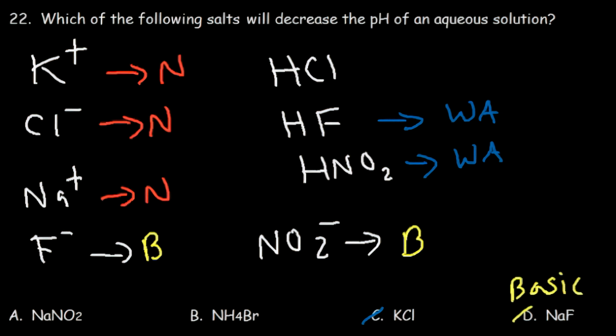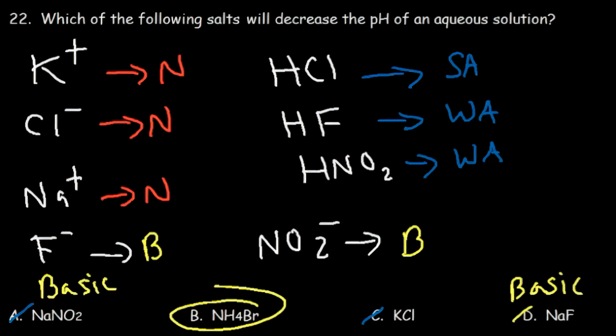Therefore, the conjugate base fluoride and nitrite are basic ions. But because HCl is a strong acid, the conjugate base chloride is going to be a neutral ion. So A is eliminated. It's a basic salt. So by elimination, we know the answer is NH4Br.